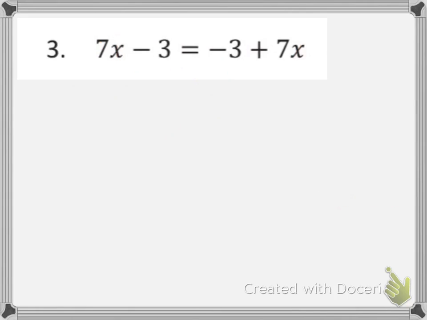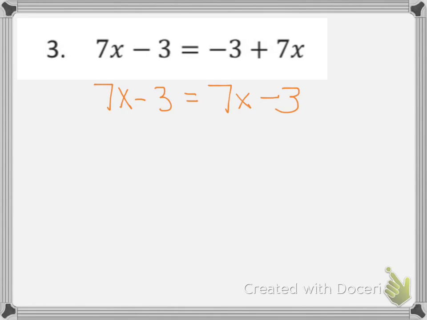All right? The other possibility is this. If I rearrange this, 7x minus 3 is equal to, if I put the 7x first and then the negative 3, I can see 7x minus 3 equals 7x minus 3, and everything's going to go away.